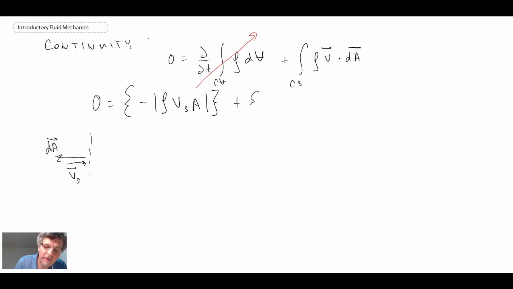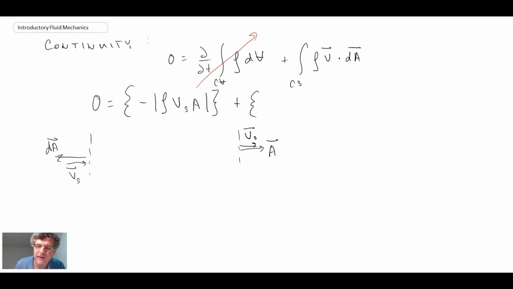Then on the exit side, we have again the area. Actually, that should be A, not dA. I wrote A plus dA, but that would be the area vector, A plus dA. Then we will have Vs plus dVs.